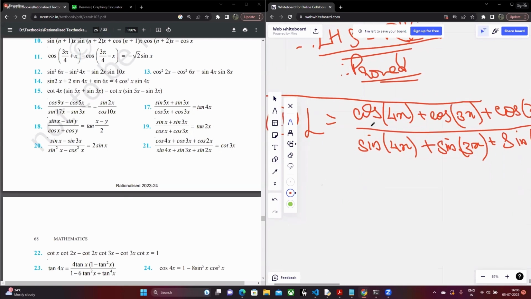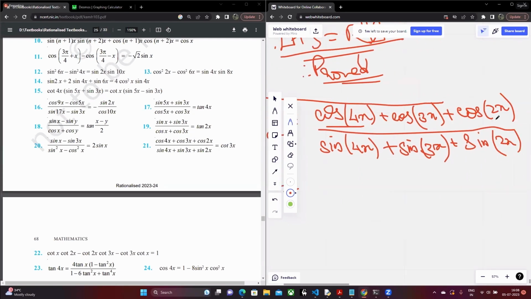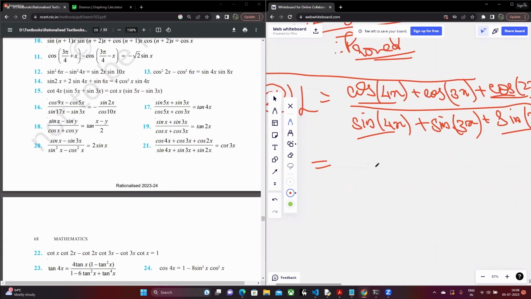As I told you earlier, deal with this and this, right? So this is equal to cos 3x divided by sine 3x.